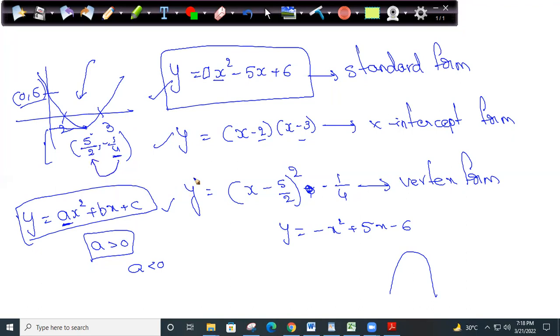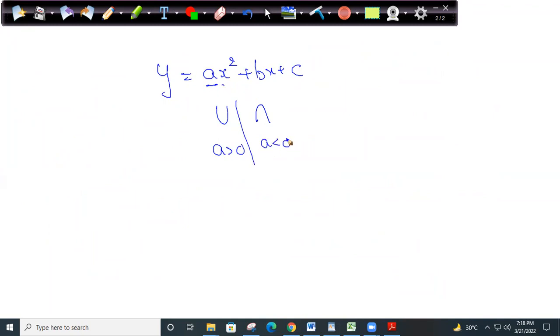So I am going step by step. If I have a parabola and the standard form is y is equal to ax square plus bx plus c, a tells me if the parabola is upwards or downwards. If a is positive, the parabola opens upwards. If a is negative, the parabola opens downwards. If the parabola opens upwards, this is the misconception students generally have: they always think it will have 2 x-intercepts or 2 zeros, which is not required.